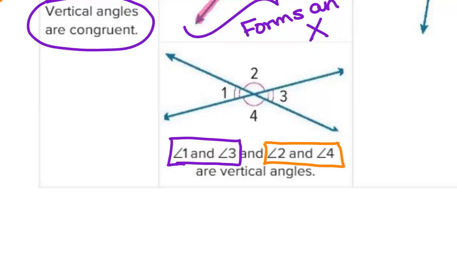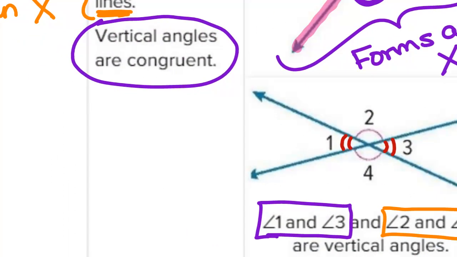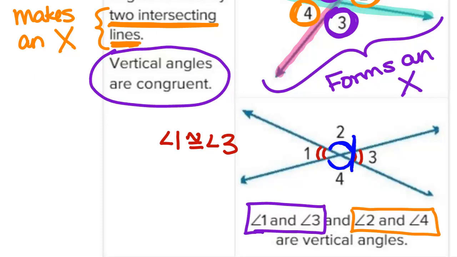Looking at this picture right here, we have a different X with a different numbering. And notice we have arc markings on here showing us that congruence. Angle 1 has 2 little arc marks on it, and so does angle 3. So angle 1 is congruent to angle 3 because they are vertical angles. Angle 2 has 1 arc marking on it. Angle 4 has 1 arc marking on it. Notice how they are opposite each other.